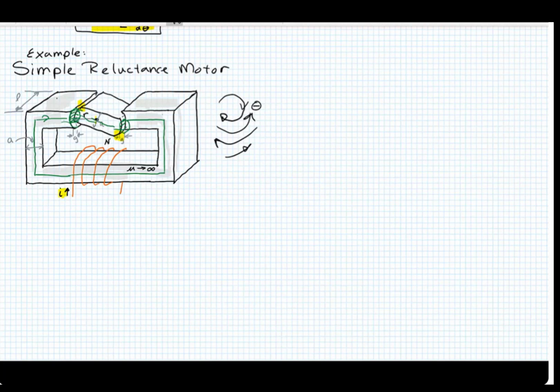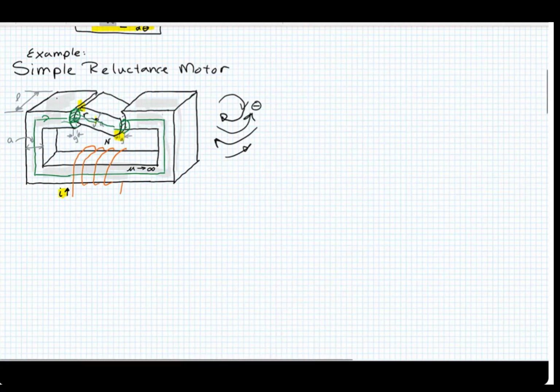So since we have a flux, and we've got a coil, and a core, we can also apply Ampere's law, and we have an infinite permeability inside of the core. So the only place where we're really going to have any reluctance that's non-zero is going to be in the gap.